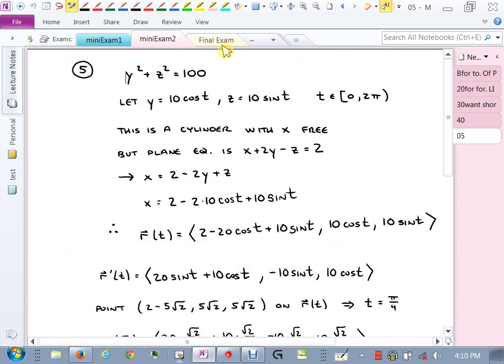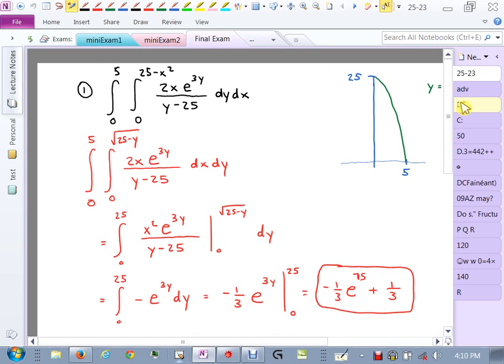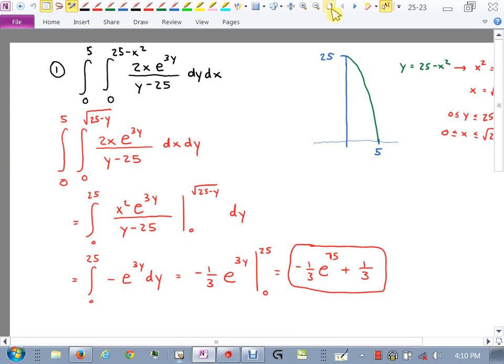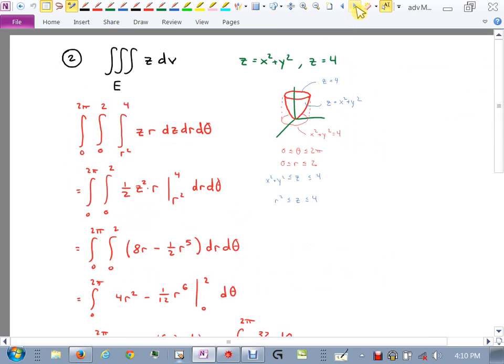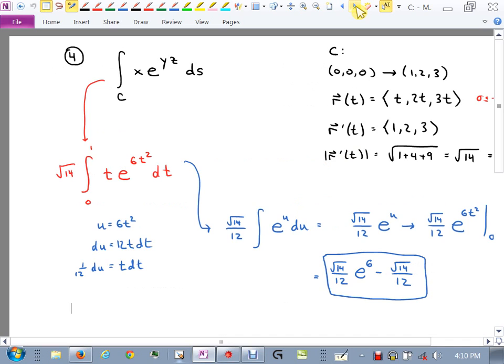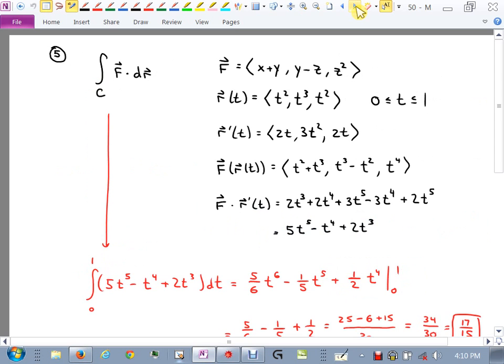Let me take a look at my final. I'm breezing through this real quick just to show you what the final was. They had a double integral over a pretty clean region, a triple integral, spherical coordinates, a line integral of a scalar function with respect to arc length, work.